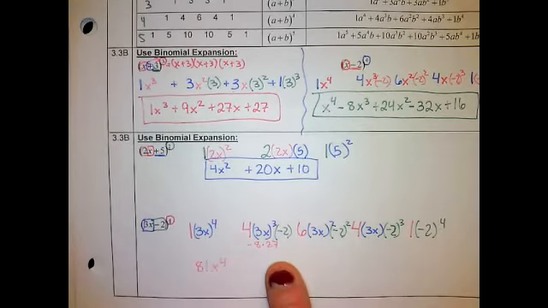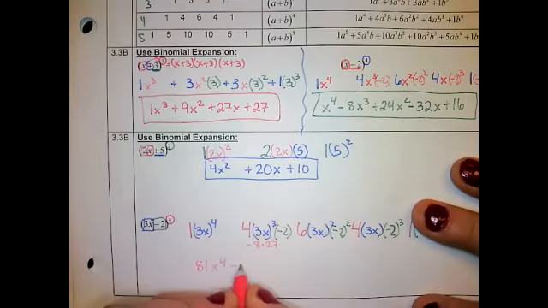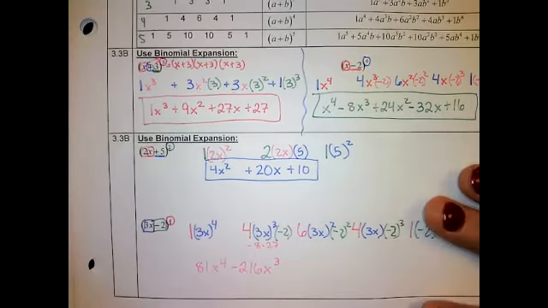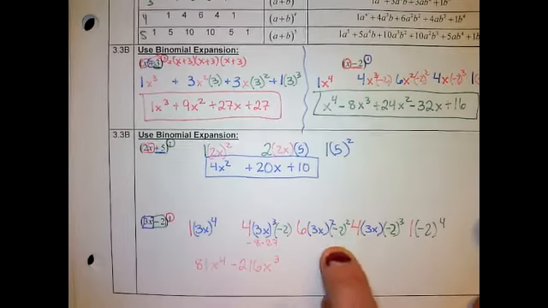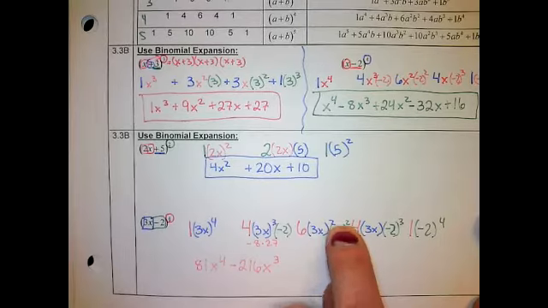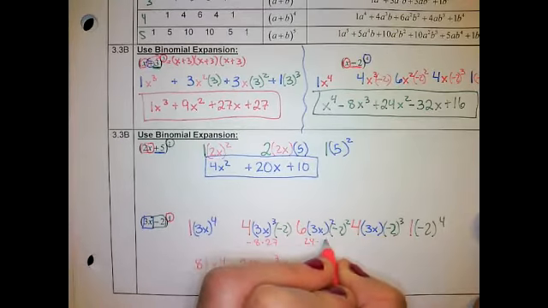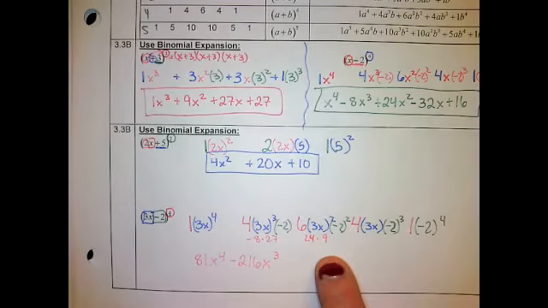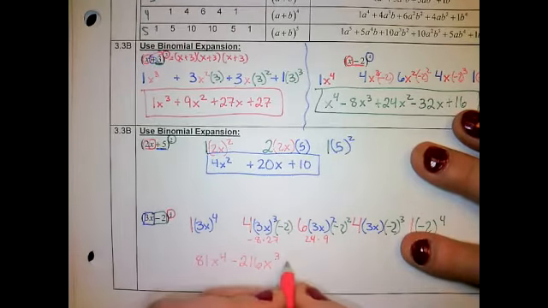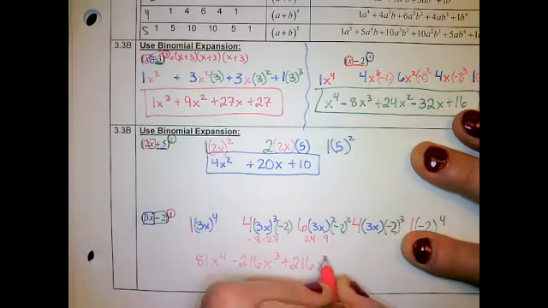So that's going to be -8 times 27, which is -216x to the 3rd power. -2 squared is 4, times 6 is 24, and 3 squared is 9. So 24 times 9 is 216x squared.